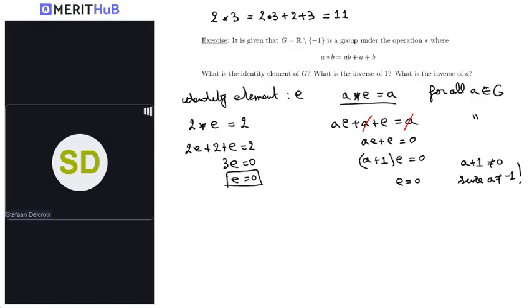Okay, so now what is the inverse of 1? Inverse of 1, let's call it x. Then what is the property that the inverse of 1 had? When you operate 1 with x, what should you get if x is the inverse of 1?